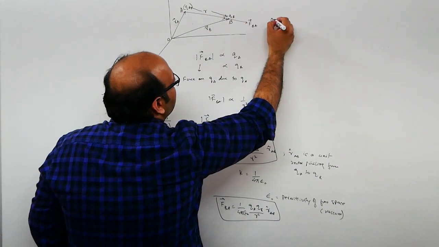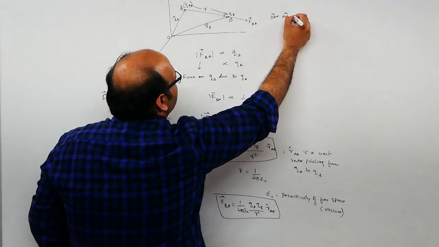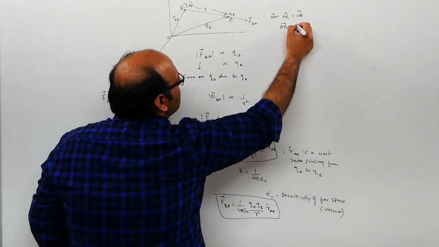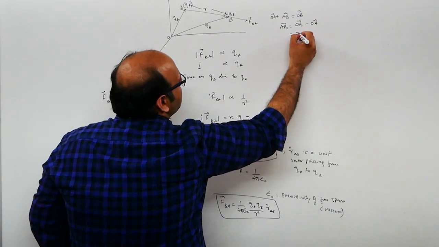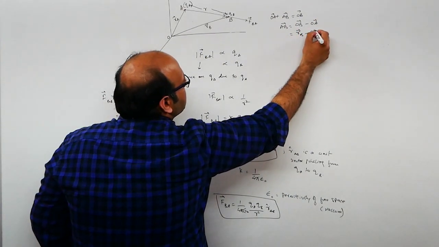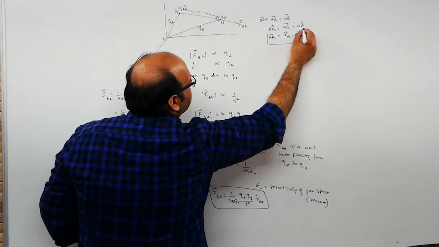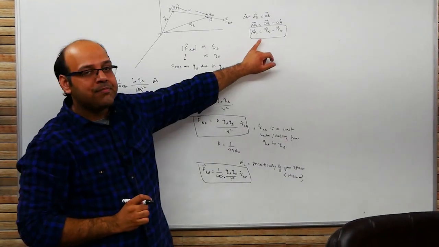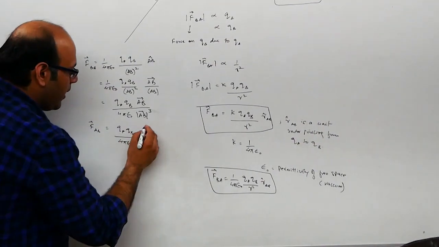Can I say that OA plus AB gives me OB, in which case the AB vector comes out to be OB minus OA, which is RB minus RA. Simple triangular law.